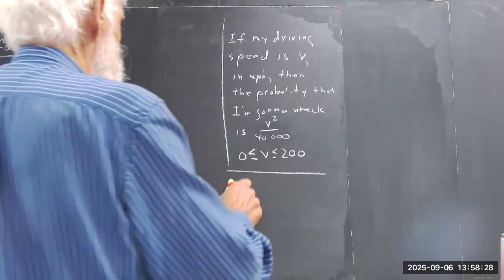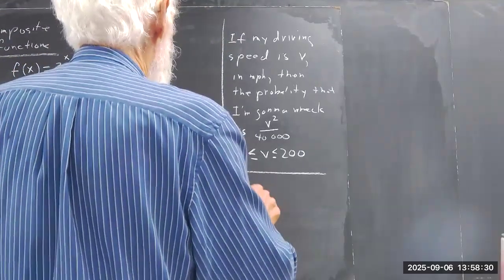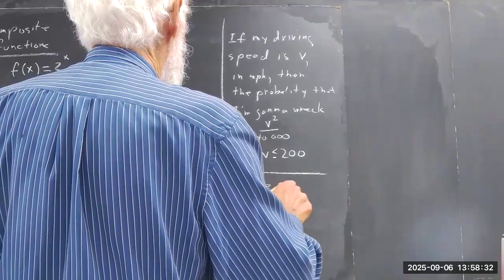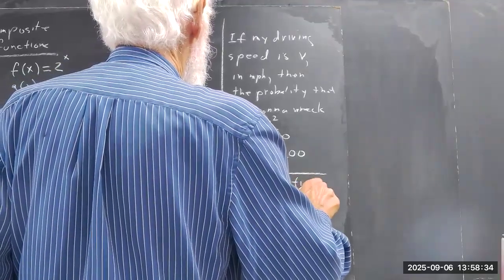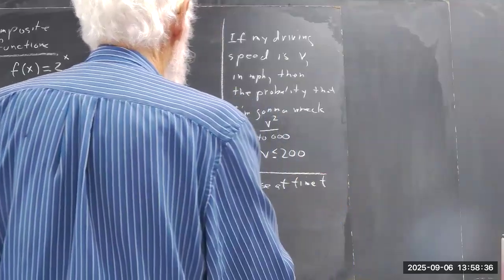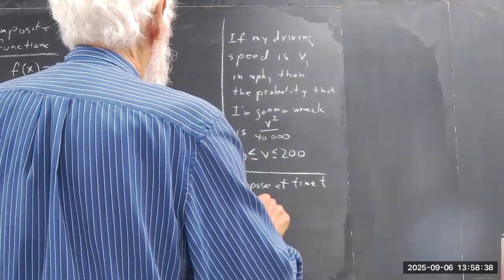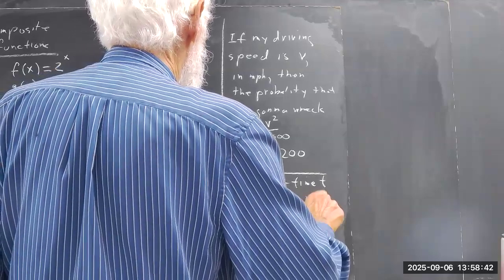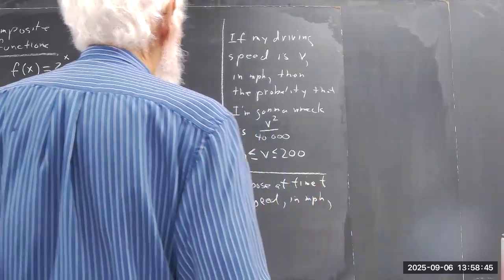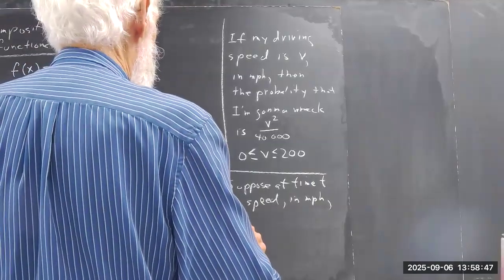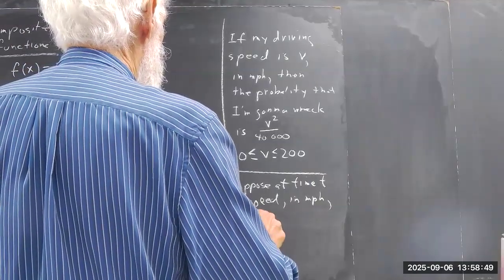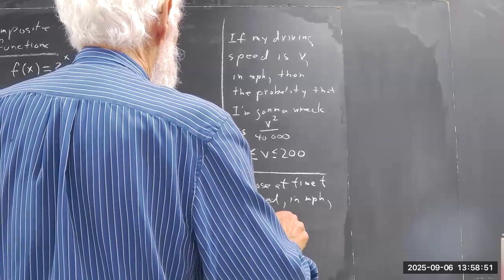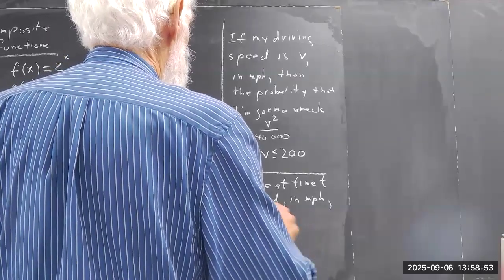Okay, so let's suppose at time t, my speed in miles per hour is 4t plus 10.